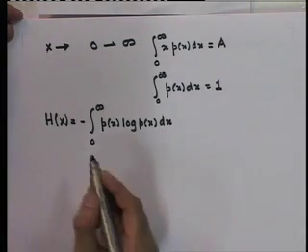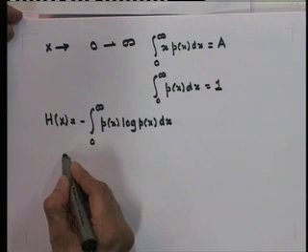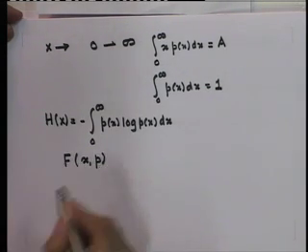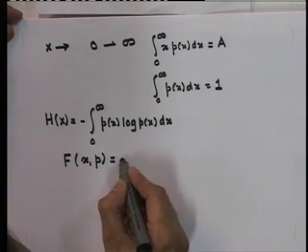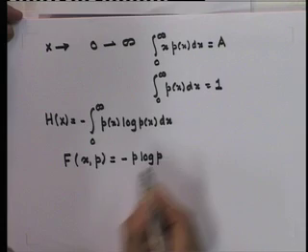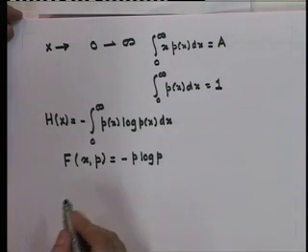So, in this case f of x p is equal to minus p log p, which was there earlier too.